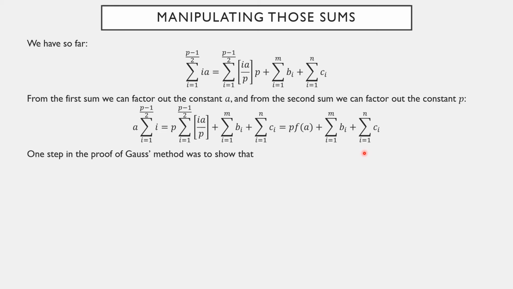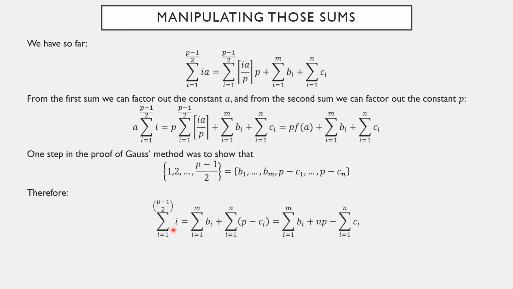One step in the proof of Gauss's method was to show that if the big remainders were replaced with P minus them, as a set, you simply got all of these values from 1 to (P minus 1)/2. Therefore, if I sum up all of these values, that will be the same as summing up all of the B's, followed by summing up all of the P minus C's.